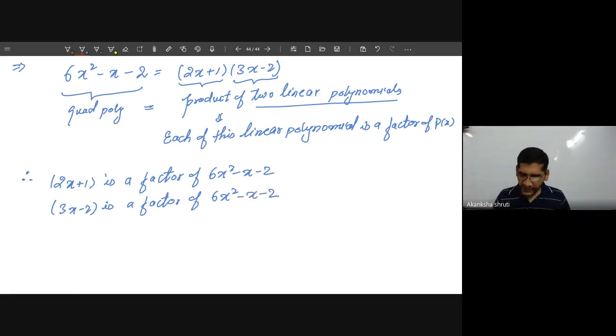So student, whether 2x plus 1 is a factor of 6x square minus x minus 2 or not, how have we decided? We have decided by the division method. First, we divided the given polynomial p(x) by g(x) and we obtained the remainder as 0. It means g(x) is a factor. Okay, student? So that was what we had written.